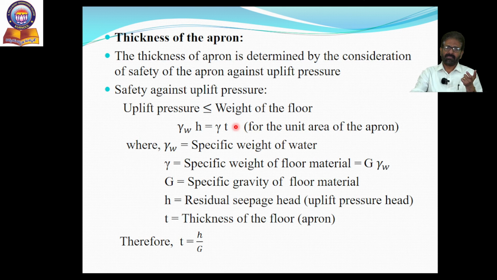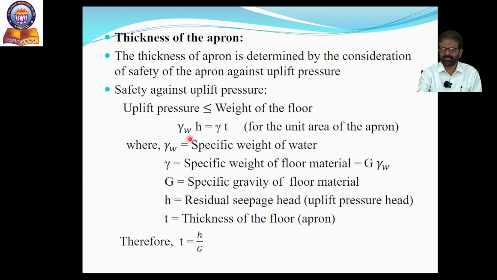Pressure head is the height of the liquid column which exerts that much pressure. Gamma W is the specific weight or weight density, which is given in Newton per meter cube, whereas H is in meters. Therefore the unit for the term gamma W into H is Newton per meter square.